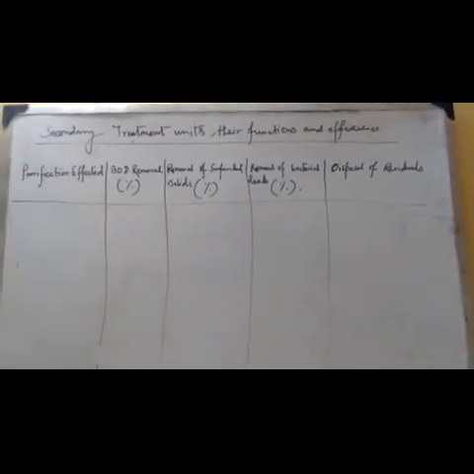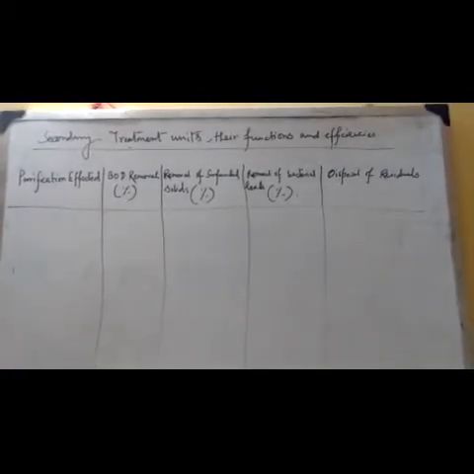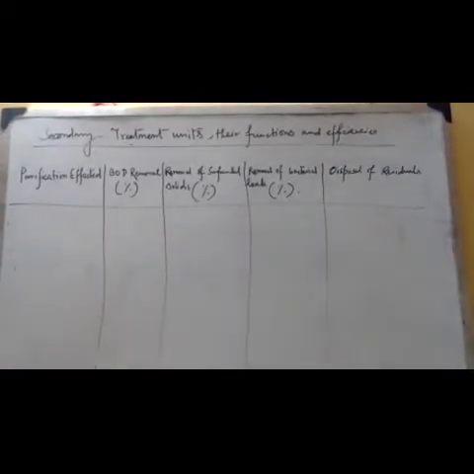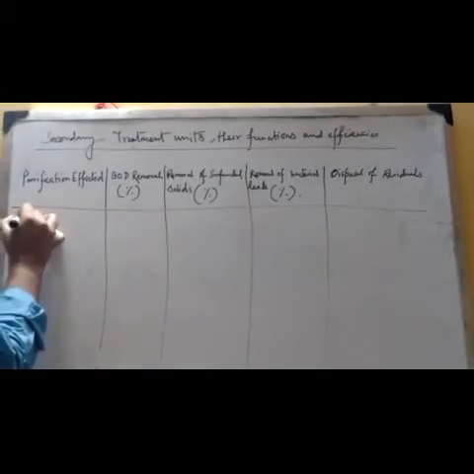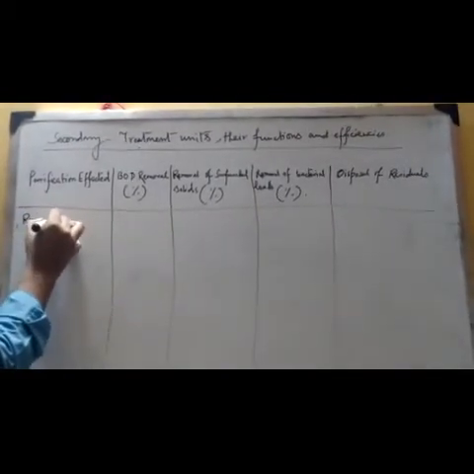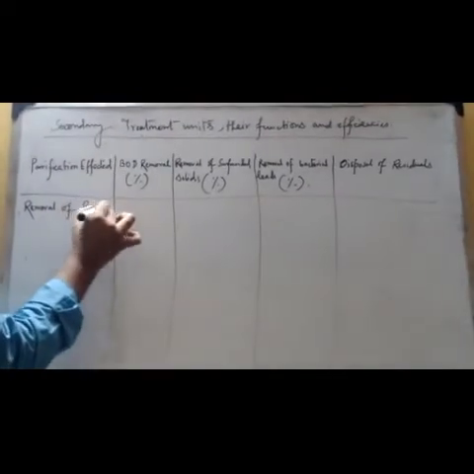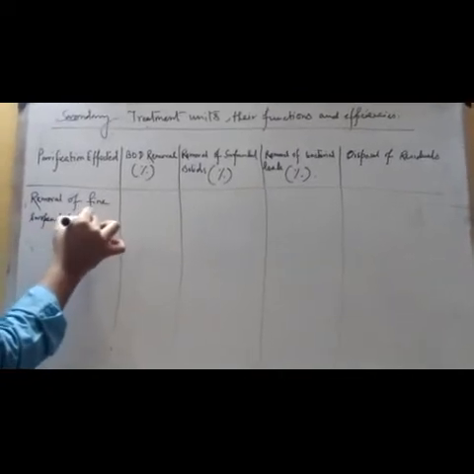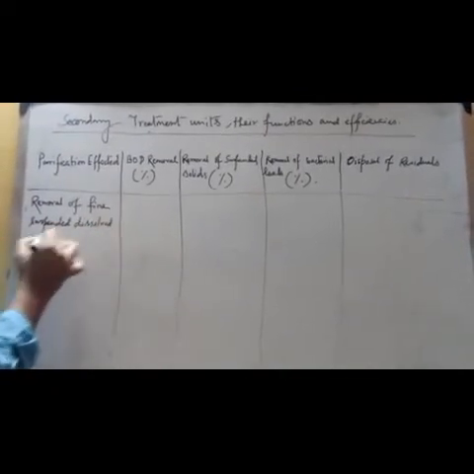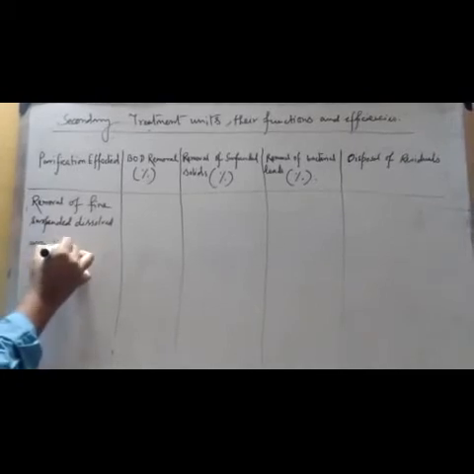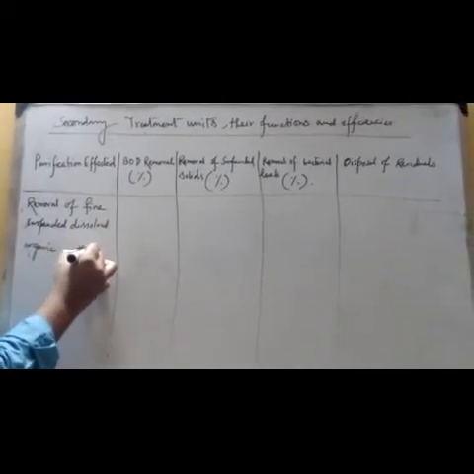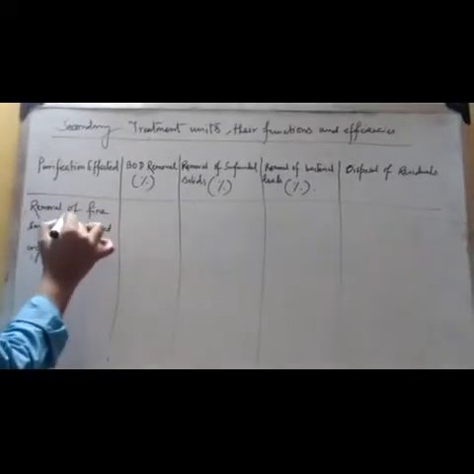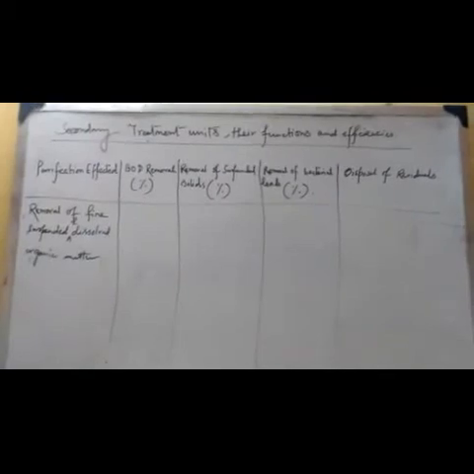The first one, in the purification affected column, write down removal of fine suspended and dissolved organic matter. Removal of fine suspended and dissolved organic matter.